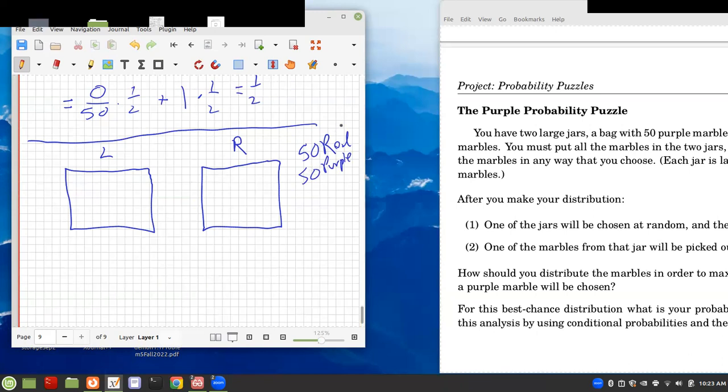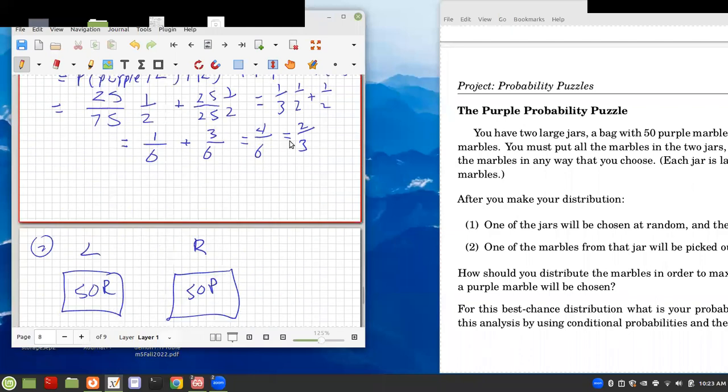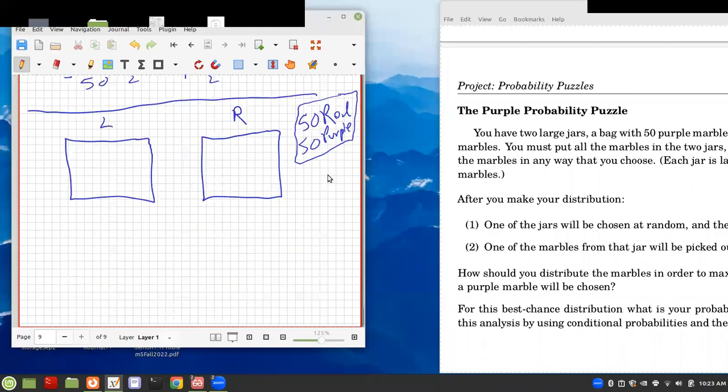This is one of the problems that I had asked you to work on. If you haven't thought about it, just take a stab and see if I can calculate the probability that it's purple. 1/2 is easy to get. Here's 2/3. Can you get one that's greater than 2/3?